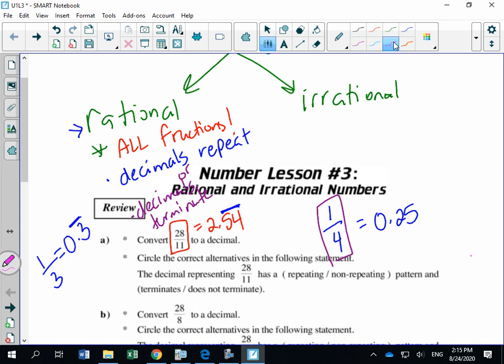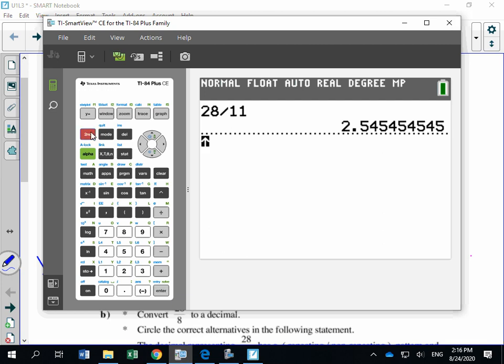Irrational numbers, these guys are ugly. And why are they ugly? First of all, there are two famous irrational numbers. The most famous irrational number of all is pi. It is irrational because if you look at its decimal, using the pi button, which is right above the little hat, so if you hit second function and that hat, you'll get pi, this decimal never terminates and never repeats.